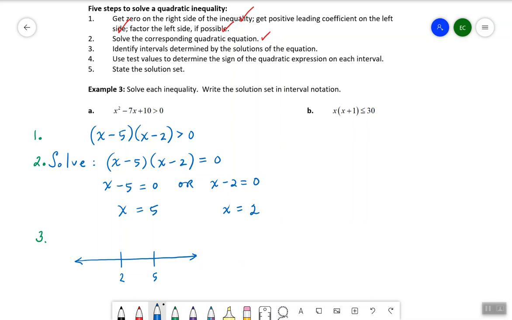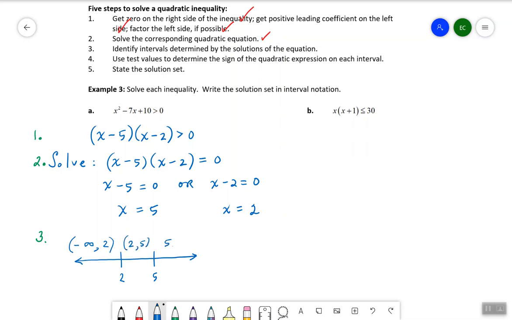So now the intervals that are between and beyond these solutions, the 2 and the 5, would be starting at the left end of the number line. You remember that's negative infinity. And then we're going to go up to that first solution, 2. And so that's an interval. Then the next interval would be from 2 to 5.